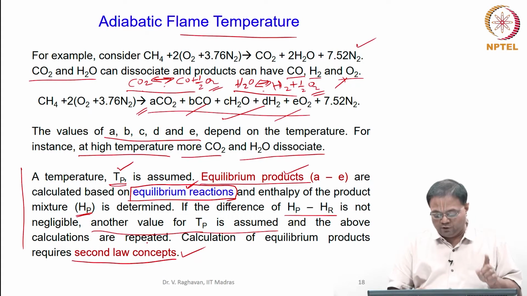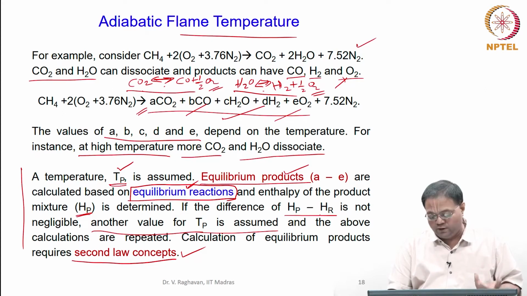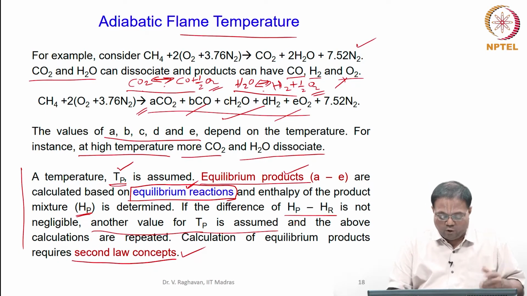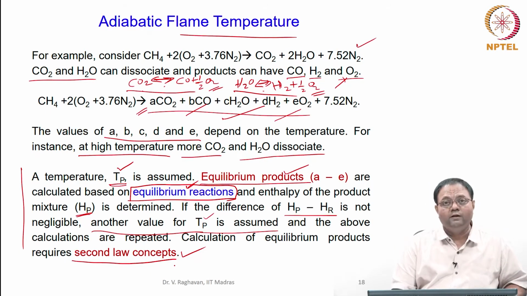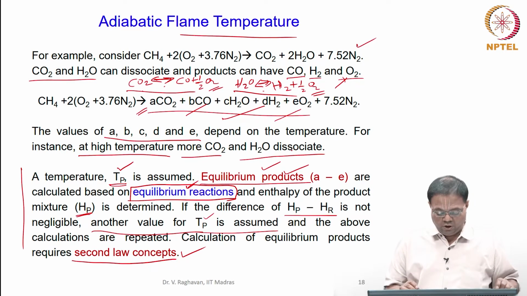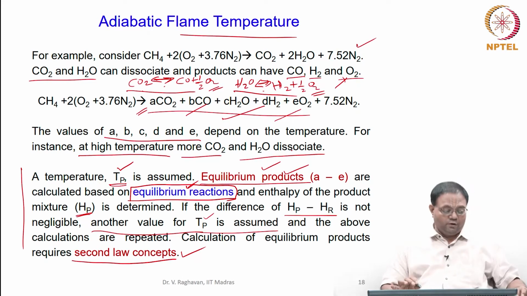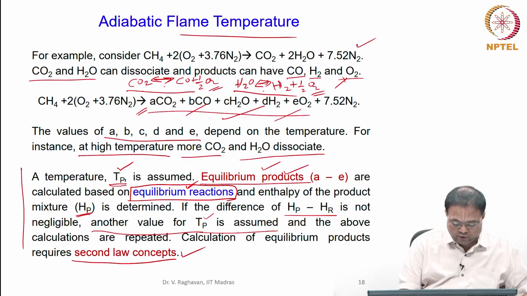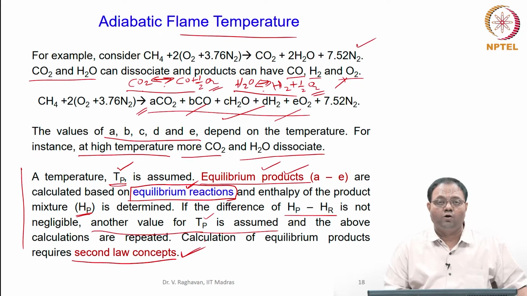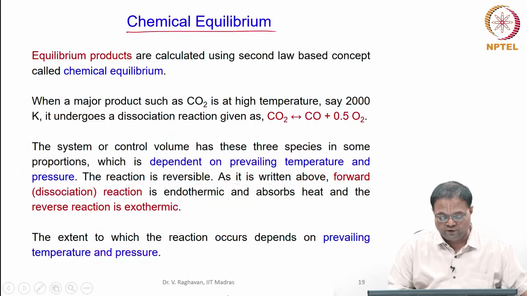If it is the same as HR, or the difference between HP and HR is negligible, then it is fine. Or else, if it is not negligible, you have to assume another value of Tp. Then the additional step is again to calculate the equilibrium products at that temperature. That means these equilibrium products are dependent on temperature basically. For that you need what is called second law concepts. So that is what we are going to see further.